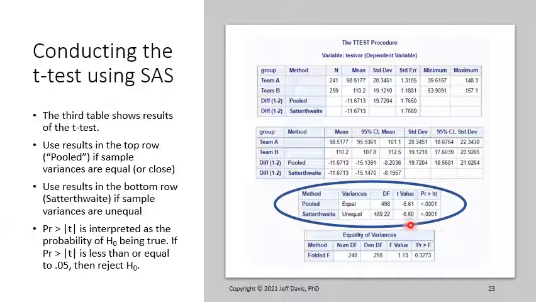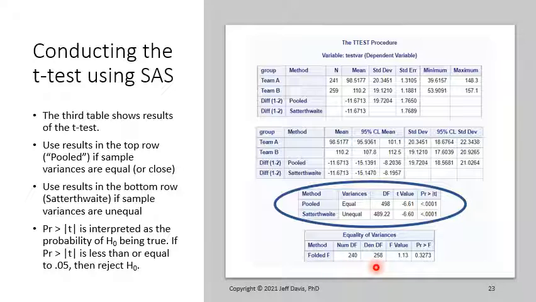Now this last table down here tells you a little bit more about the equality of variances, and this is the folded F test. We're not going to go through this because the folded F test uses a different distribution than the normal distribution to evaluate the differences in variances.